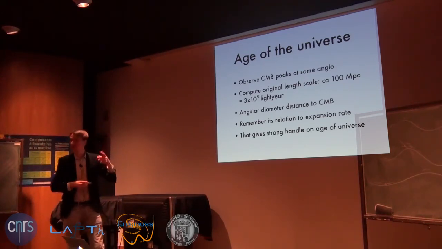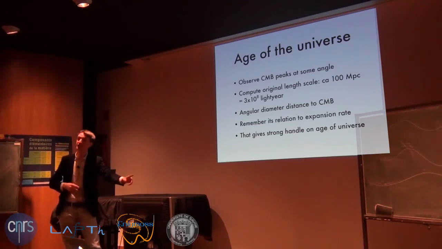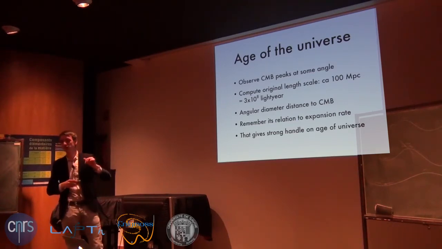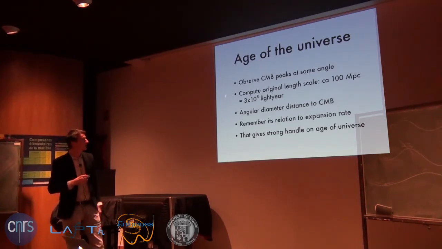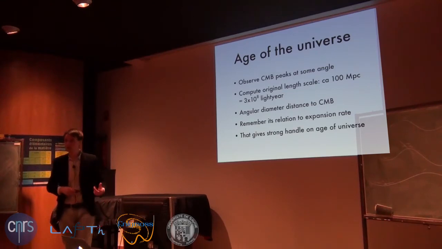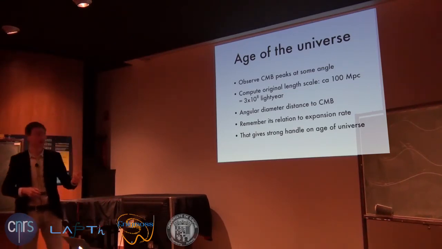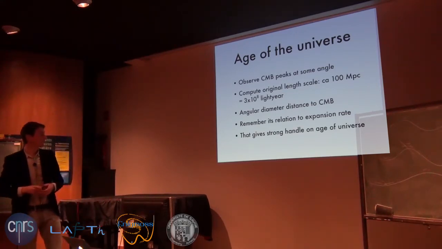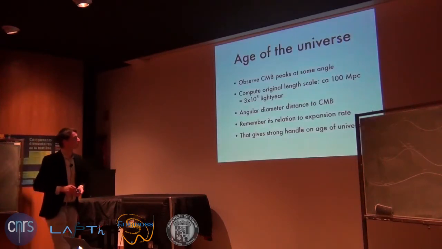So, to the expansion rate of the universe, and the expansion rate of the universe is again related to the age of the universe. And that is why, given the CMB, we can get a very strict bound on the content of the universe, on the expansion rate of the universe, and on the age of the universe. That's written there.